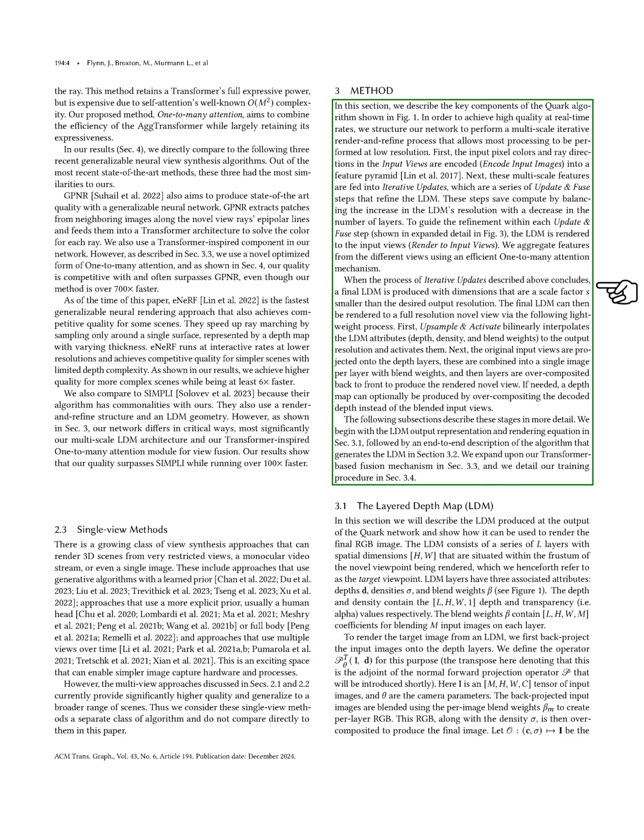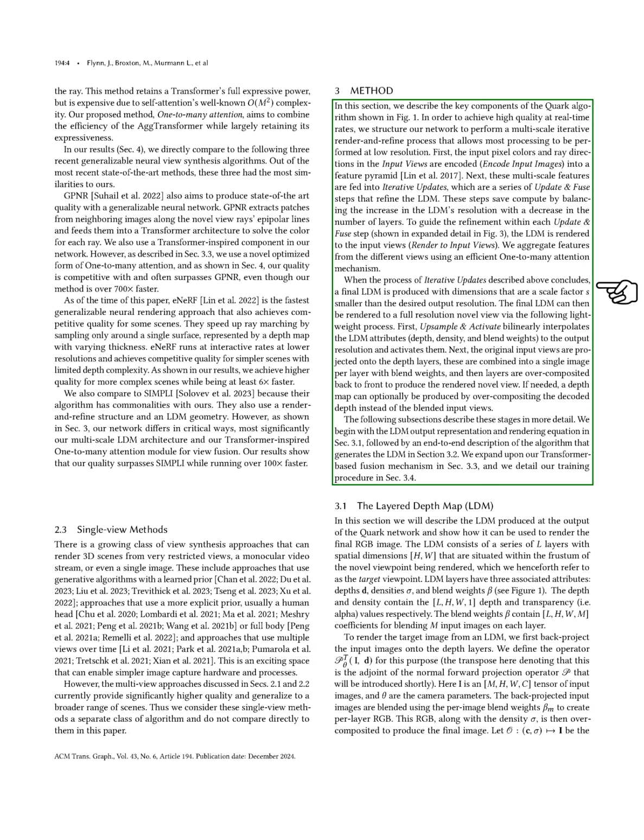If necessary, we can also generate a depth map by compositing the decoded depth instead of the blended views. We will delve deeper into these stages, starting with the LDM output representation and rendering equation, followed by a comprehensive description of the algorithm that generates the LDM. We will also elaborate on our transformer-based fusion mechanism and detail our training procedure.